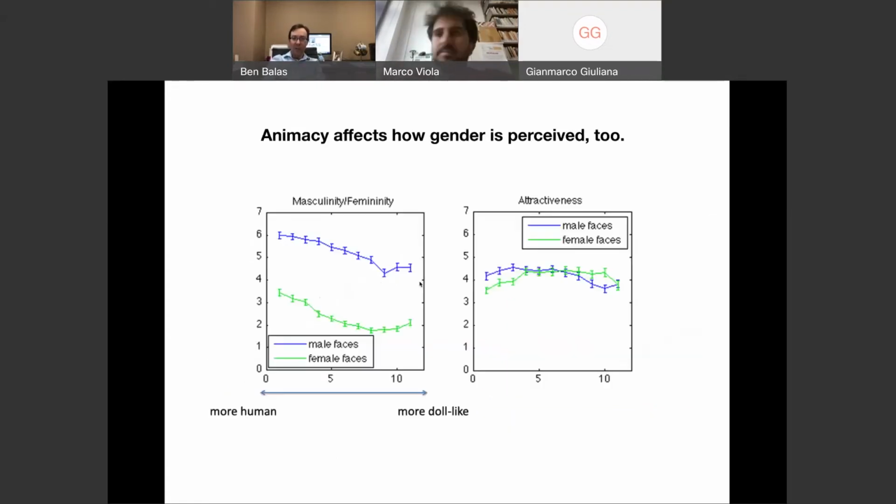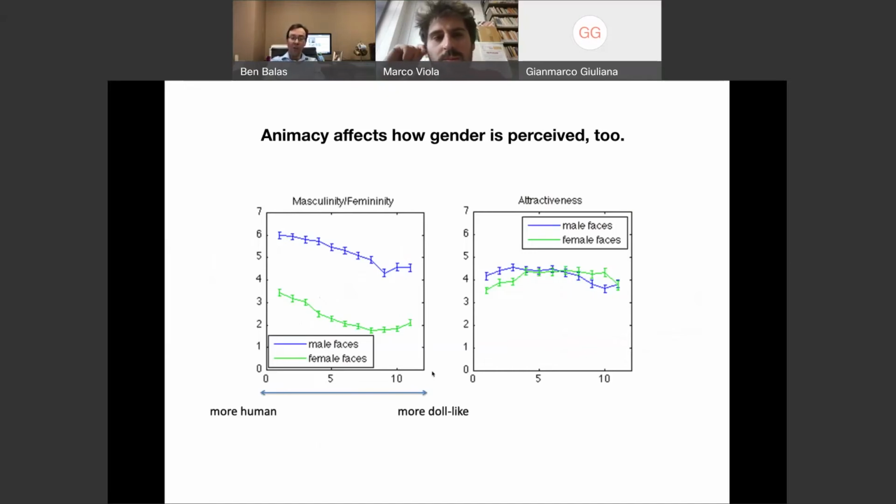We can also look at this with some other subjective ratings to see that it's not just the case that gender affects how animacy is perceived. The artificiality of a face also affects the way gender is perceived as well. So again, these are subjective ratings. We are looking at our continuum of faces from human to doll-like as we move from left to right in each graph.